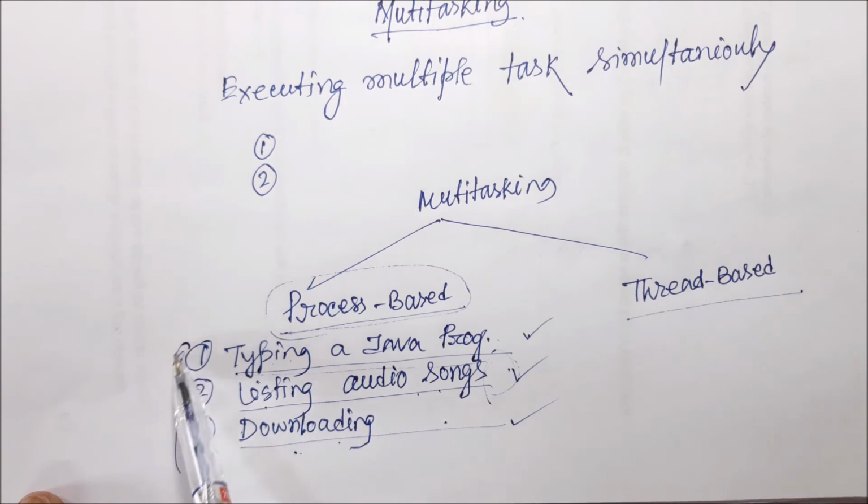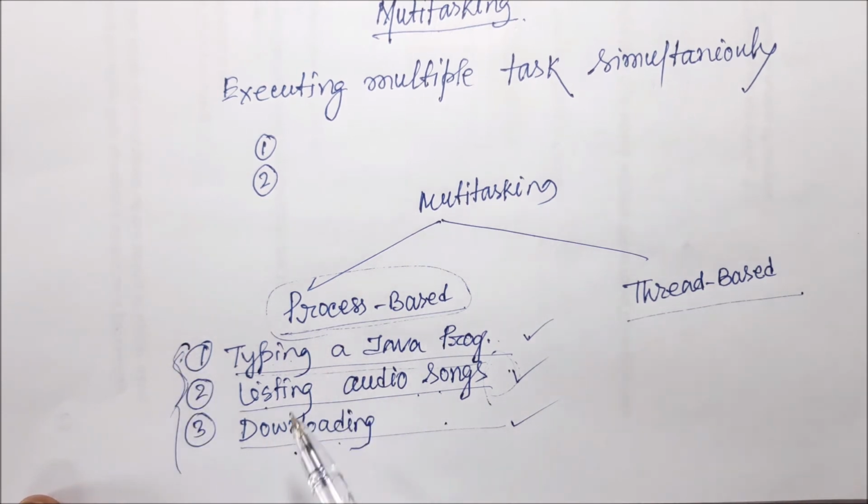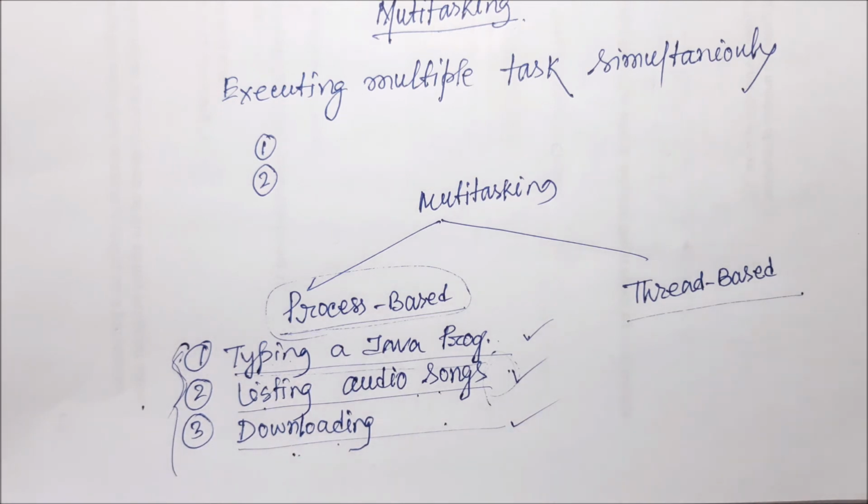So in process based multitasking we have several programs, more than one. But when we talk about thread based multitasking, we have only one program, and that program is divided into a number of parts, and each part is taken care of by some thread.